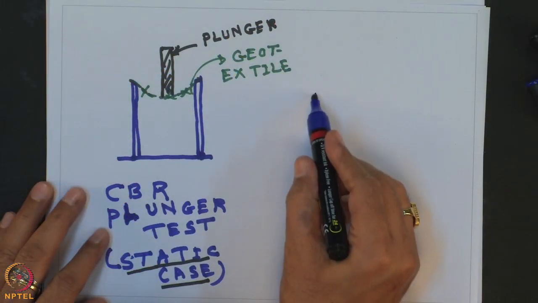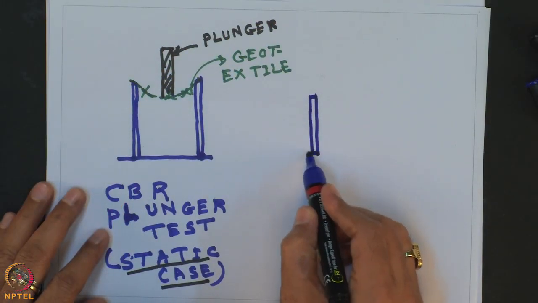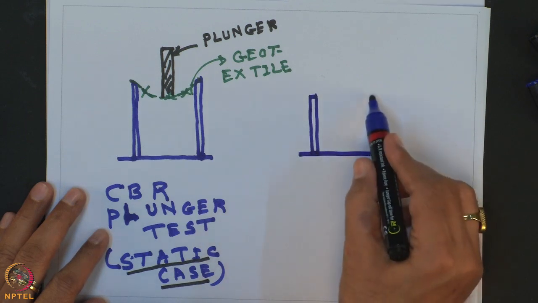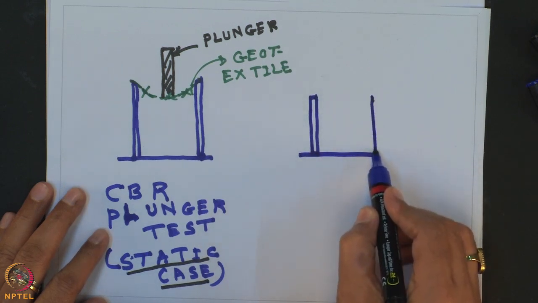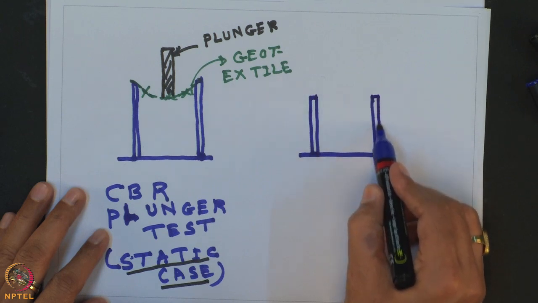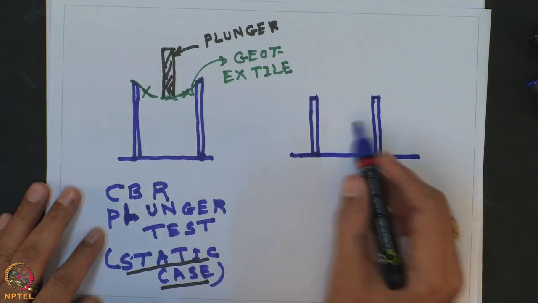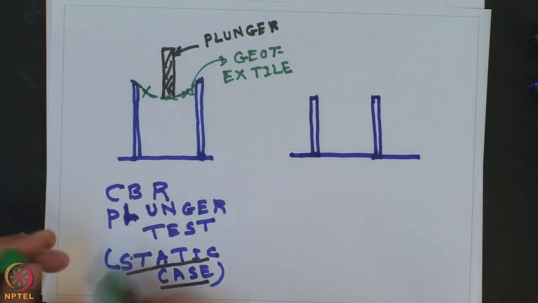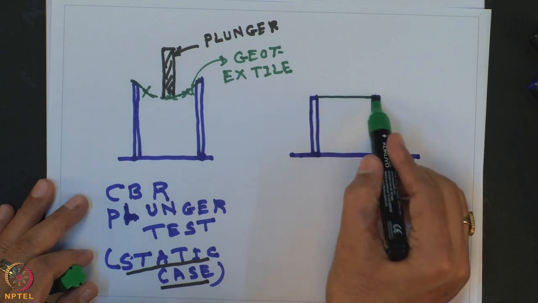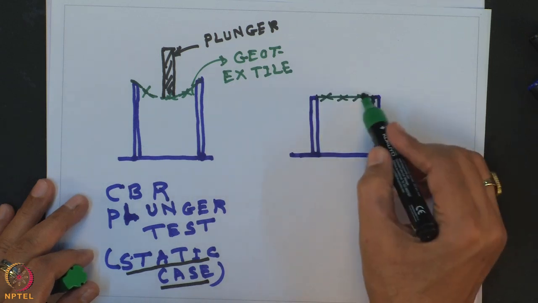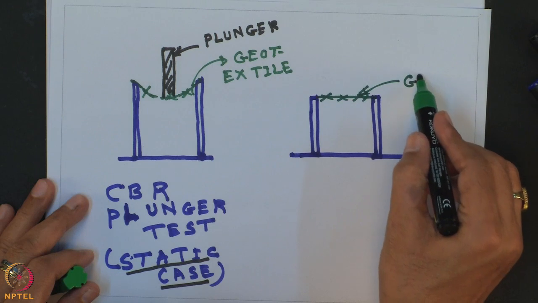In the dynamic case, or what you call the drop cone test, for example, this is the modified CBR, and the geotextile material is tightened to the clamp here.